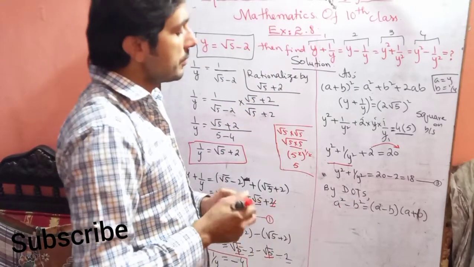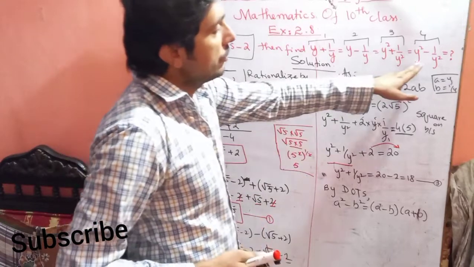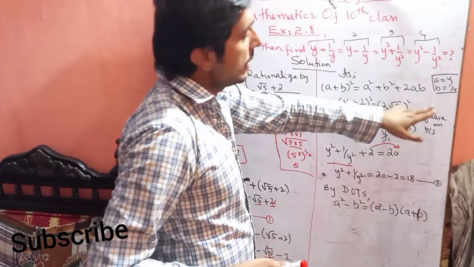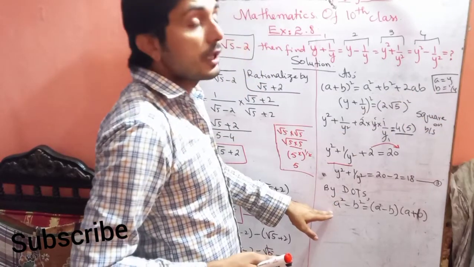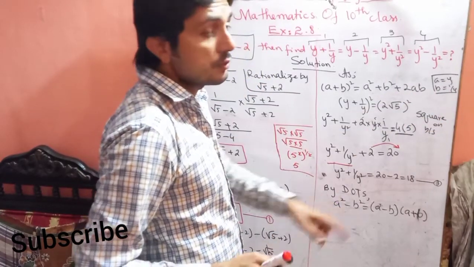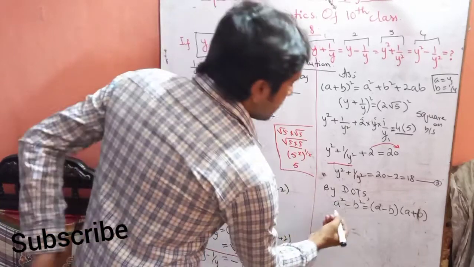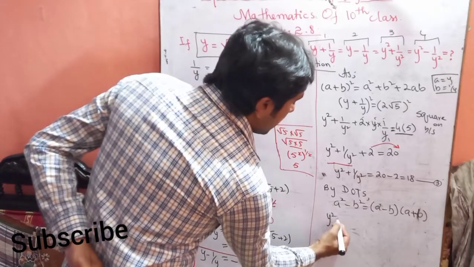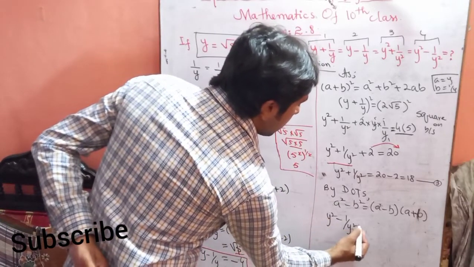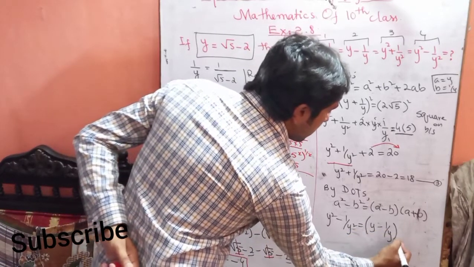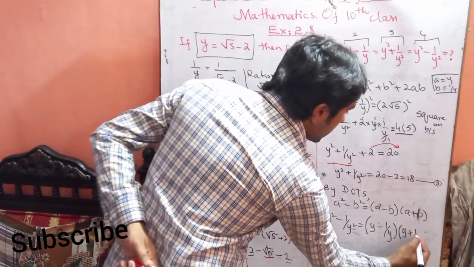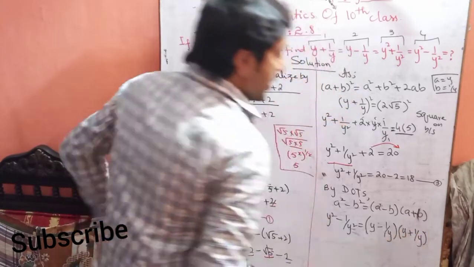Now again we have to suppose that here we have the terms y and 1 upon y. So a is equal to y and b is equal to 1 upon y. Wherever a comes, we have to put y, and wherever b comes, we have to put 1 upon y. So let's put here, y square minus 1 upon y square is equal to y minus 1 upon y in a bracket, and then y plus 1 upon y.